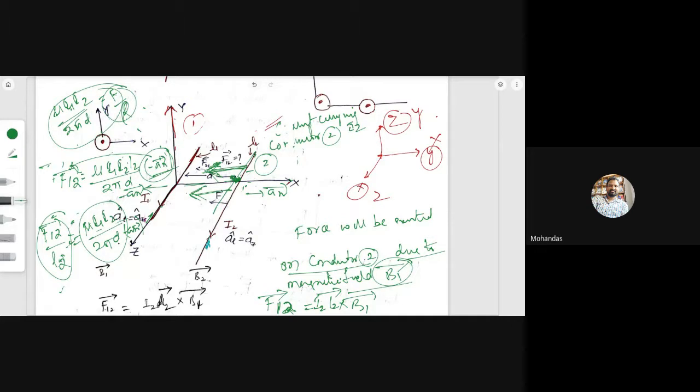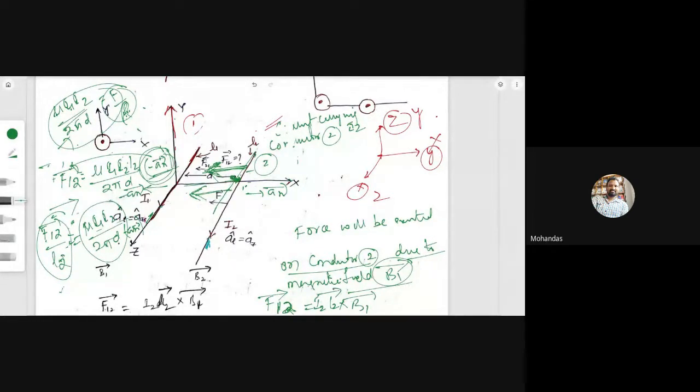In terms of direction, this is the equation. Are you following? Yes, sir. Rakesh? Yes, sir. Okay.